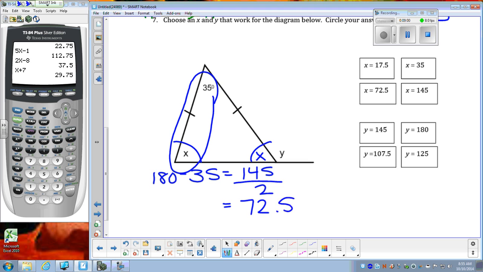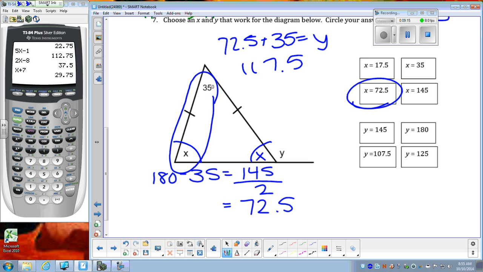So x has to be 72.5. And then I know that the x plus the 35 has to equal angle y. So 72.5 plus 35 has to equal y. So that's 107.5. And there's my answer.